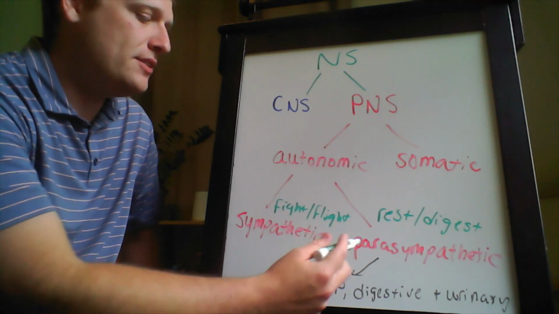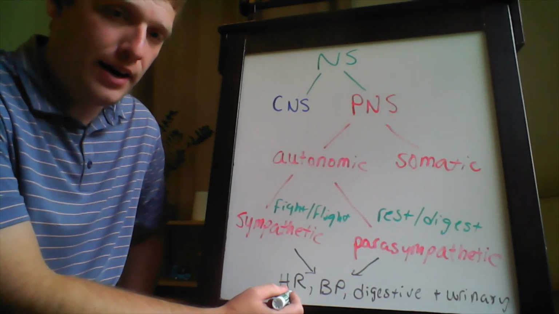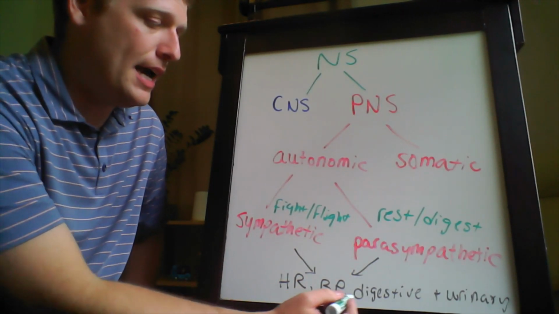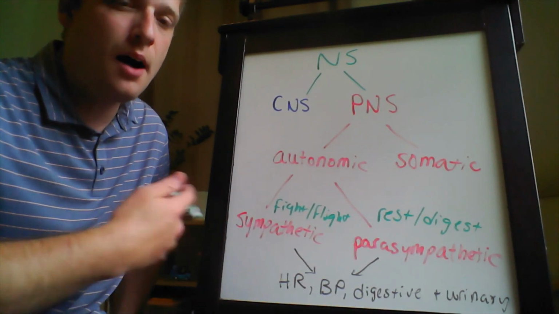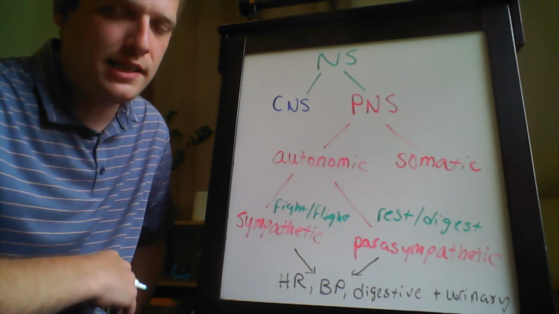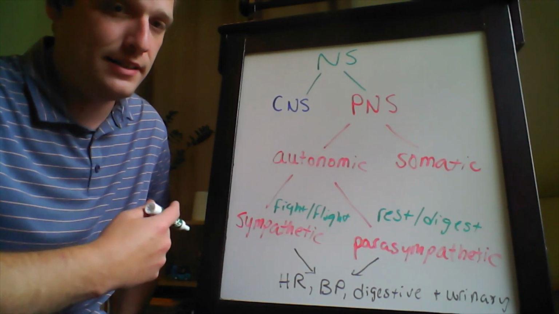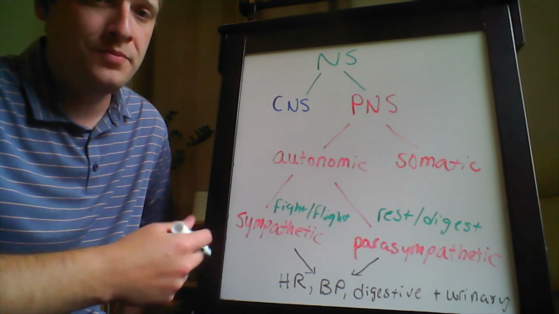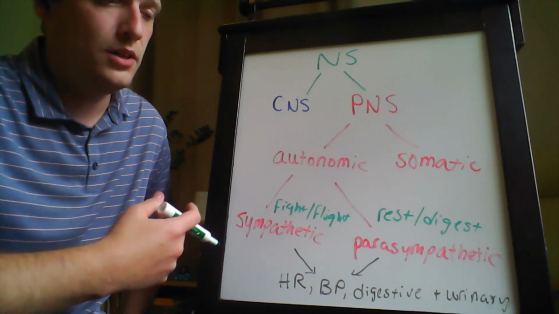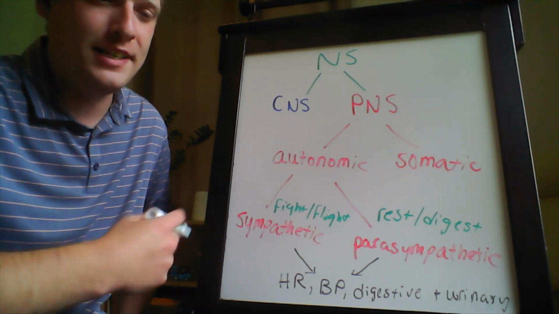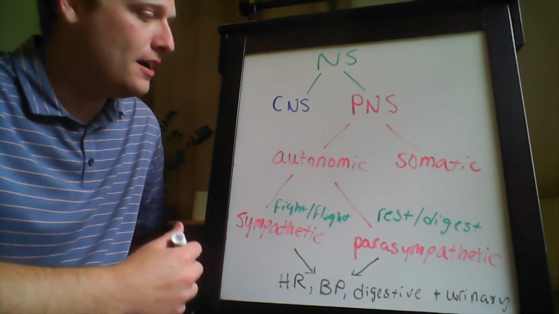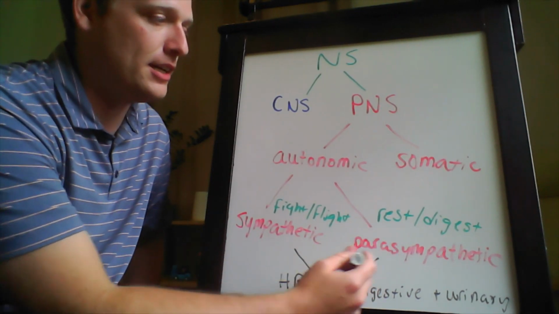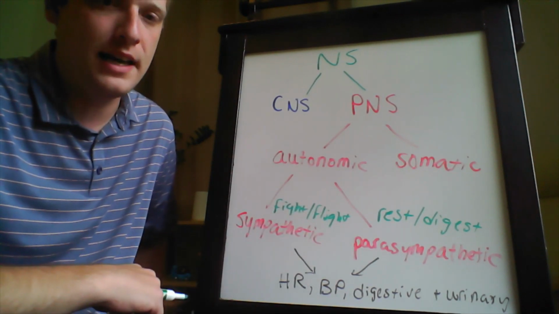So both of these are going to help to control your heart rate, blood pressure, and the functions of the digestive and the urinary system. And it's going to optimize those based on the situation that you're currently facing. So if you're in a place where you don't need to have increased blood flow to support muscles that allow you to run or fight, you're going to be resting and digesting, and your parasympathetic nervous system will take over.